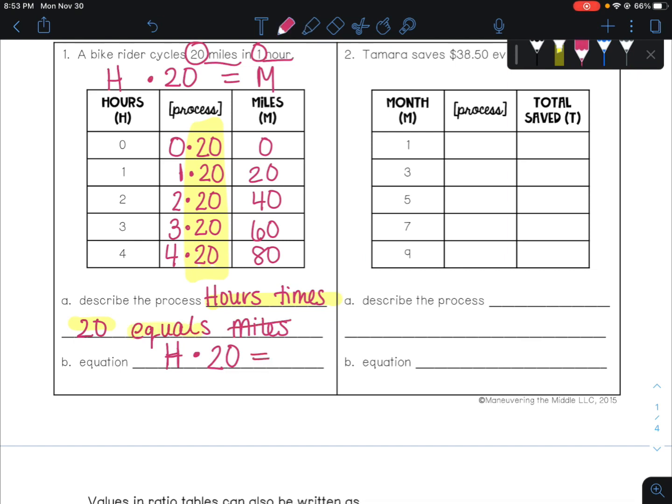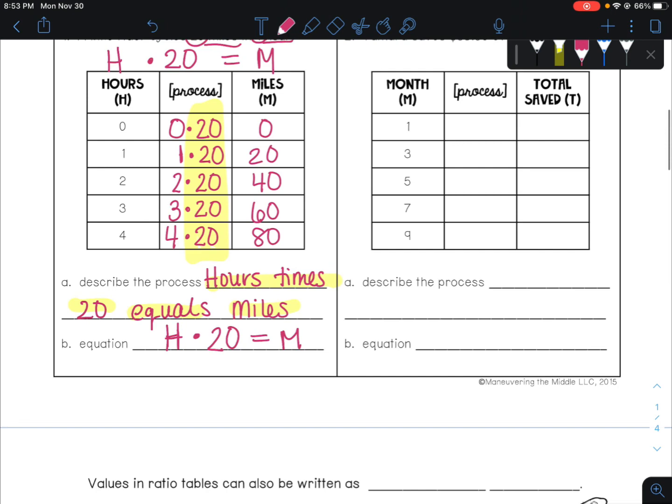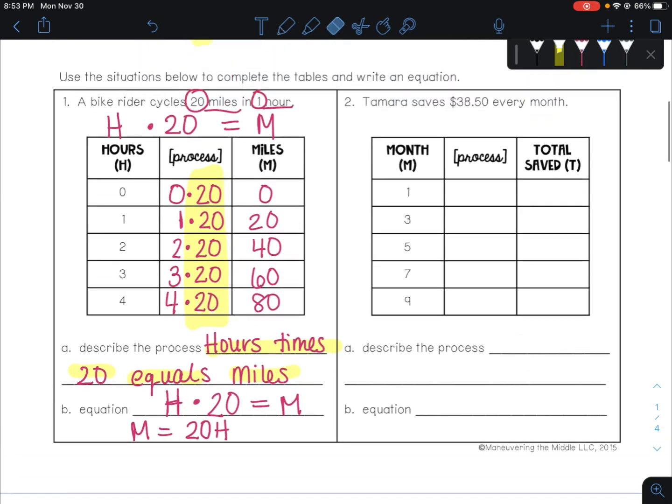And for miles, we can use M. And if you want to write it the fancy way, either way is fine, but the fancy way, you're going to flip this around. You're going to put M equals 20H. So always putting the number in the front, no symbol in between, and then the variable. If you write it either way, it's totally fine, okay?